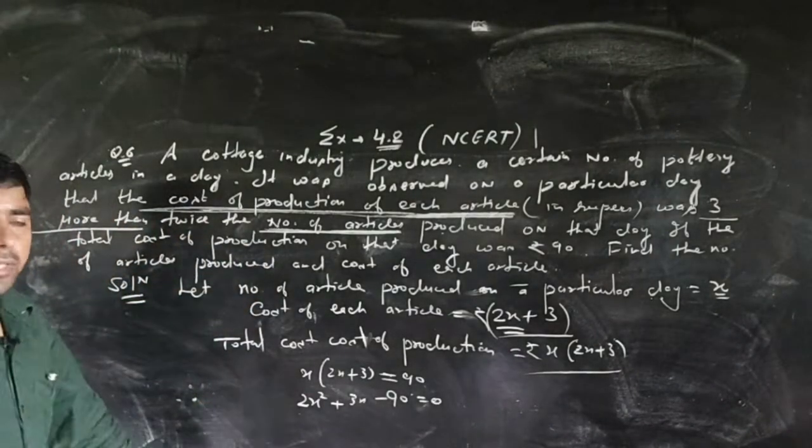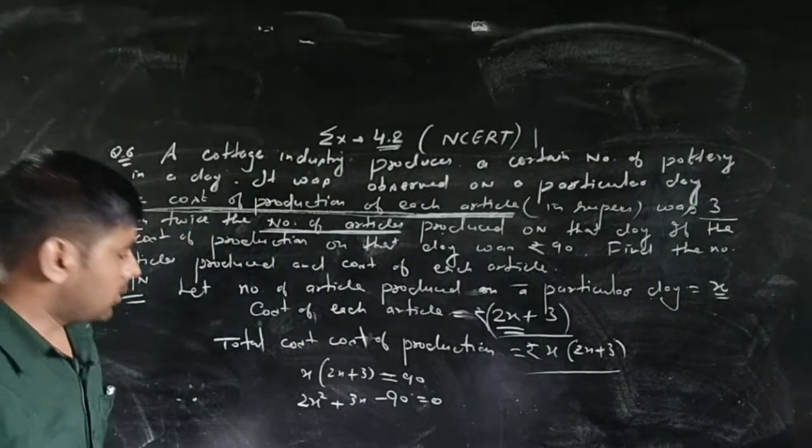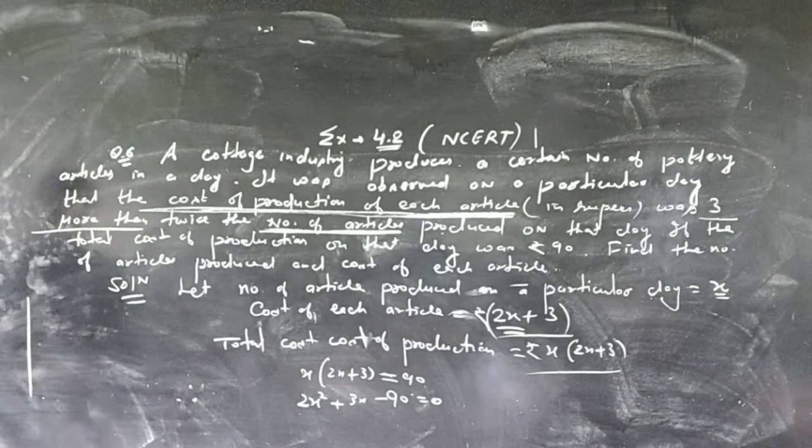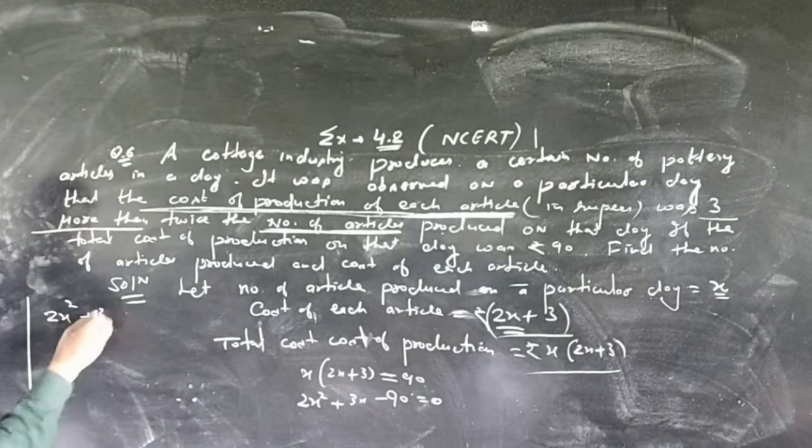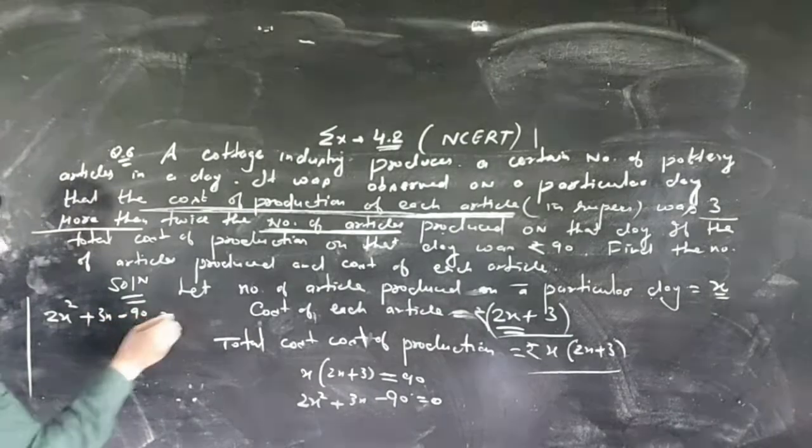This is a quadratic equation. Now we will solve this quadratic equation, 2x² + 3x − 90 = 0.